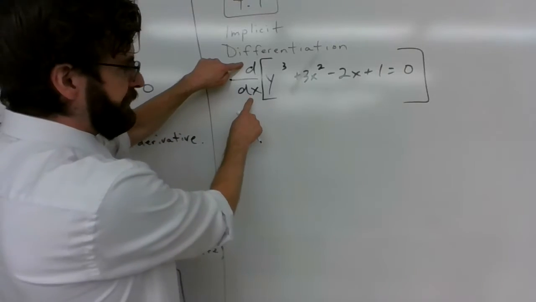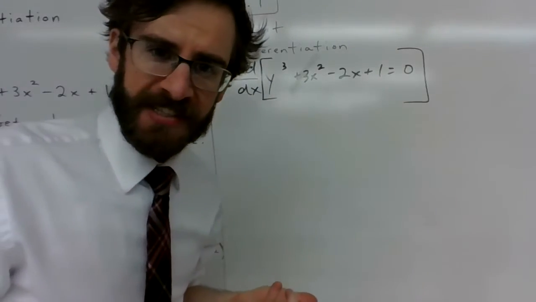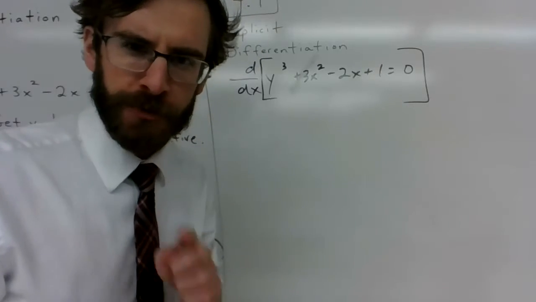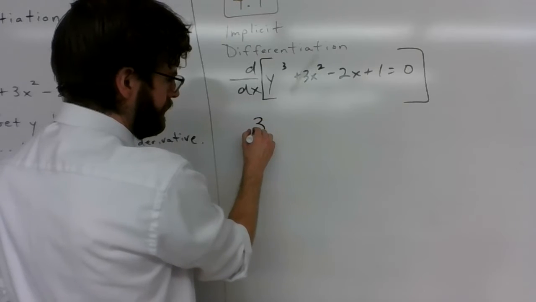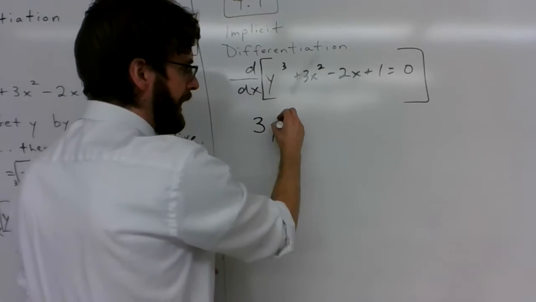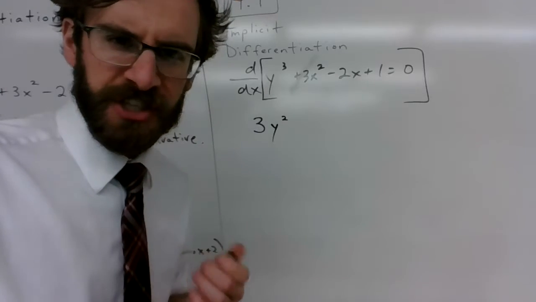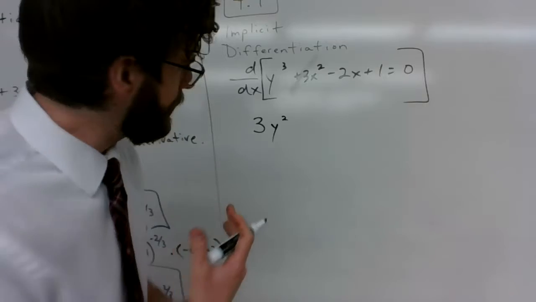To take the derivative of y cubed, I almost treat this like it's chain rule. Here's what I mean by that. You bring the 3 down, you rewrite the middle, you take 1 away from the power, and this is probably going to be the most confusing thing by just simply watching this video and not being able to ask me questions.